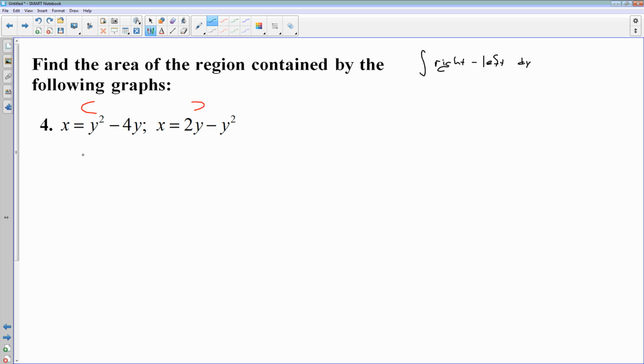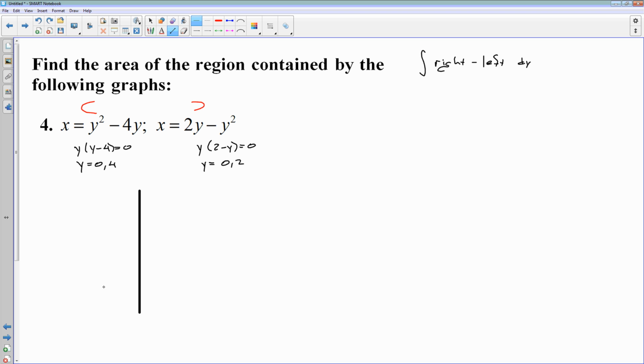So for this first equation, if I factor out a y, you get y minus 4, and we have y-intercepts of 0 and 4. The second equation, if I factor out a y, you have 2 minus y, set that equal to 0, and you get y-intercepts of 0 and 2. And so that's going to help me get the graphs of these two functions.